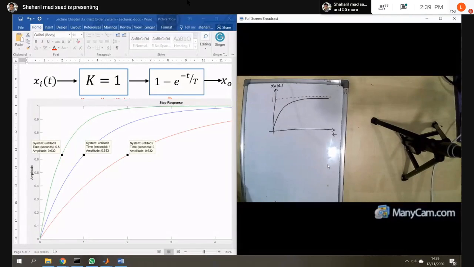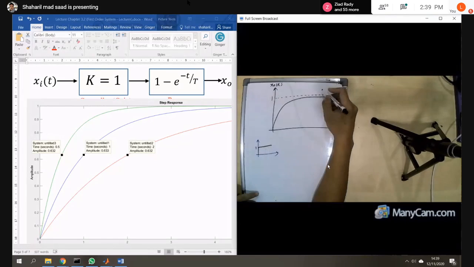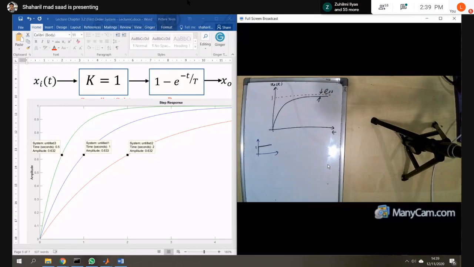Because our input is a step input with a value of 1, so that is what we are going to achieve. The gap to it we can say is the steady state error, ESS.